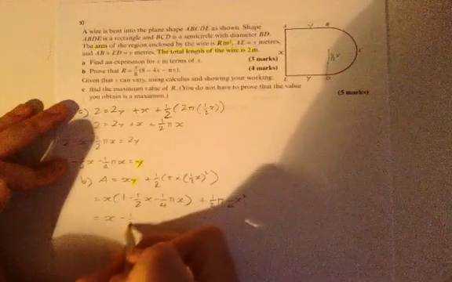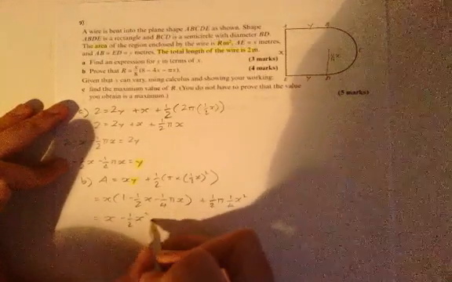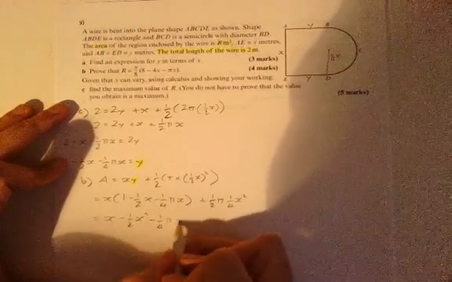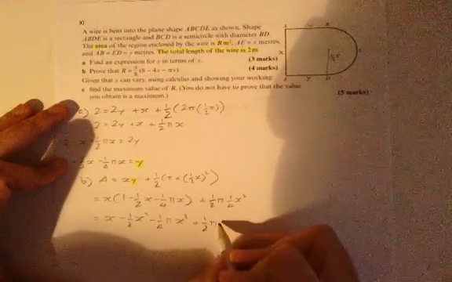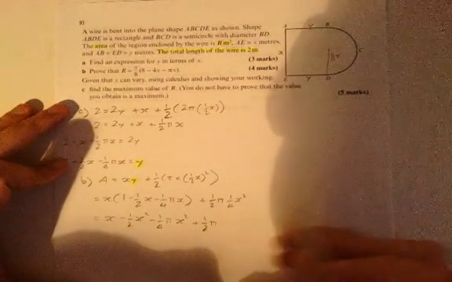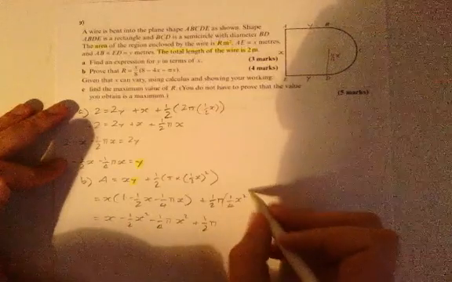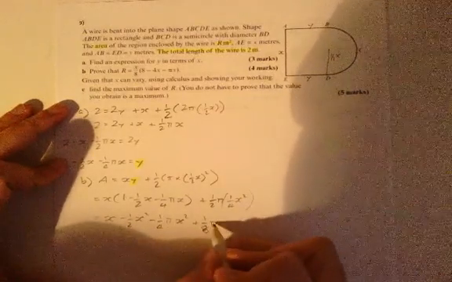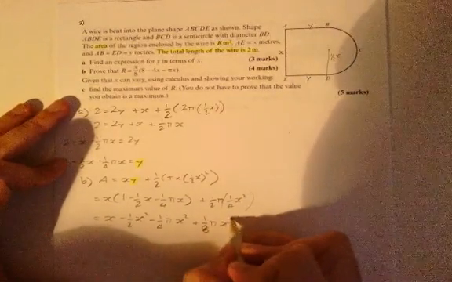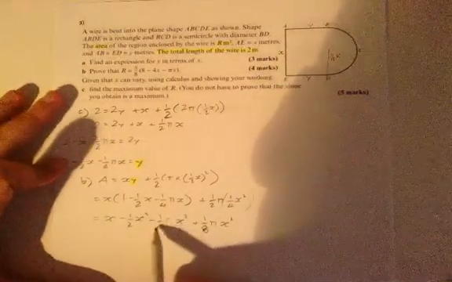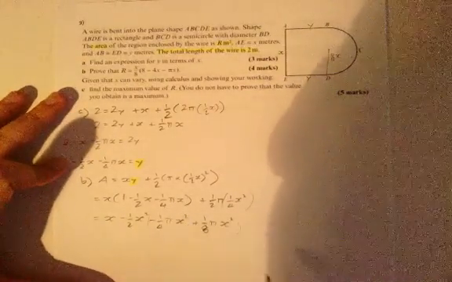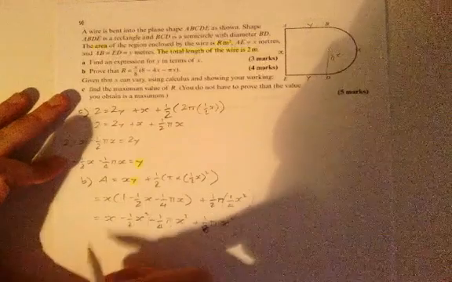Now I'm going to multiply this out and try and rearrange it all to make it look like this. X times 1 is X, minus a half X squared, minus a quarter pi X squared, plus a half pi. Actually that's going to be an 8th pi X squared there, isn't it? Half times a quarter is an 8th. And then obviously I can group these two things together.